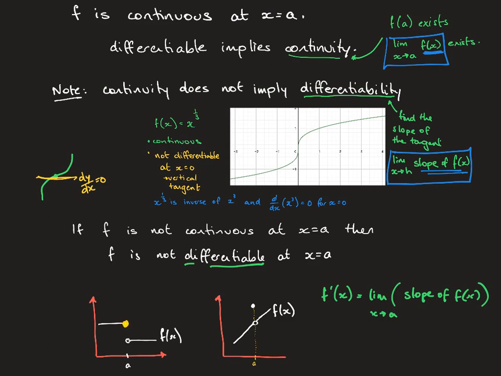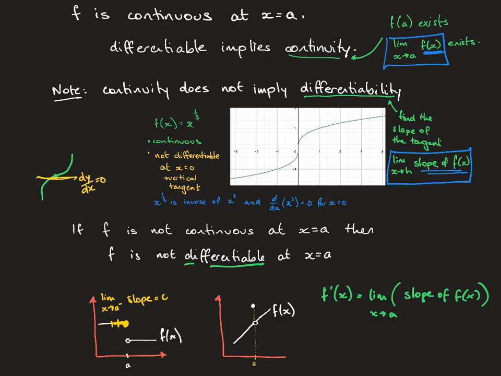There's our a value here, and if we pick an x value from this side, we're looking at the slope of that line. How sloped is that line? As we move closer, if we pick another x value a little bit closer, the slope is still 0. So our limit as x approaches a from the negative direction for slope is equal to 0.